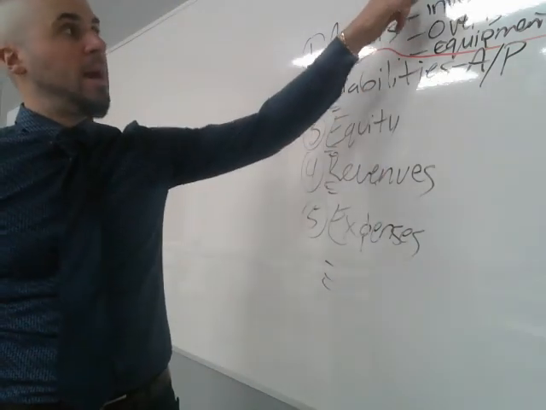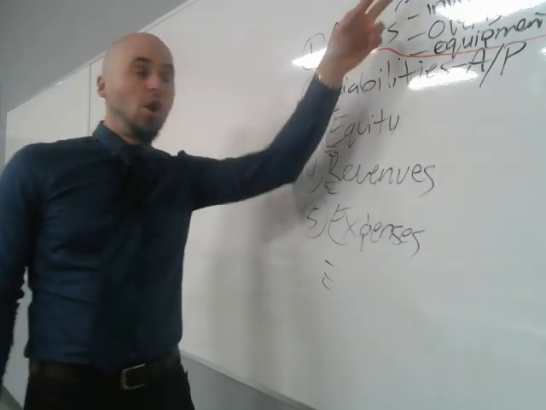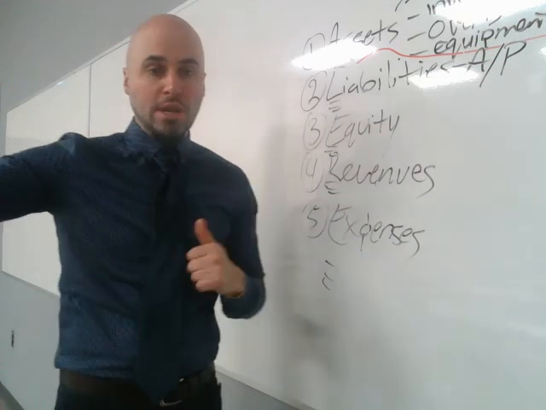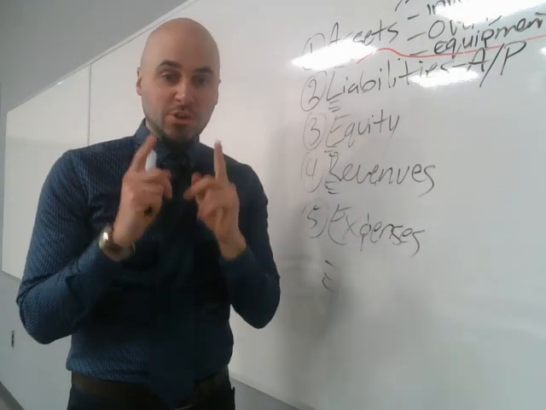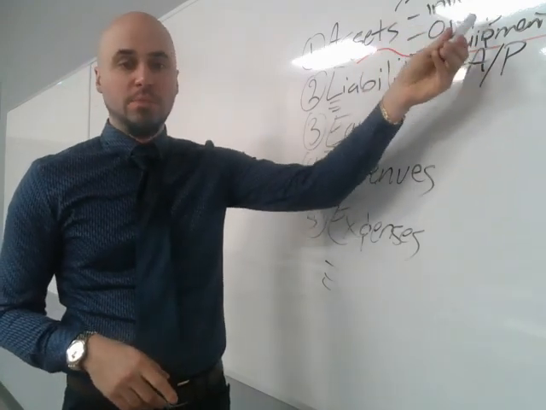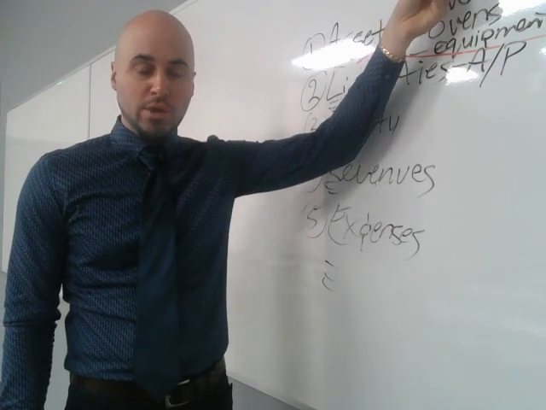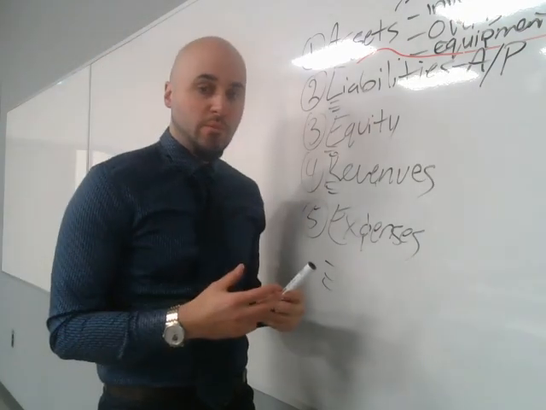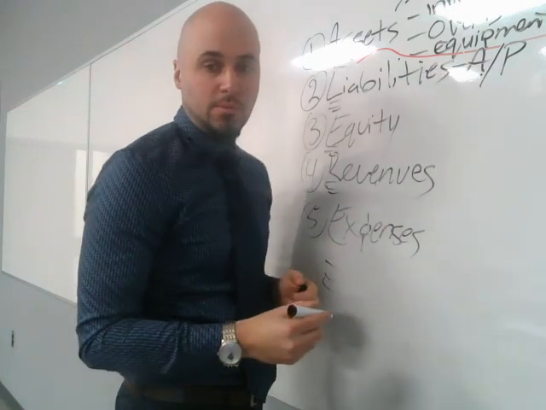But imagine all of these assets that we have. You're either paying for them in cash or credit. If you pay for them with credit, any inventory item, any piece of equipment, your property, where you're doing the business, your vehicles, if you're paying for any of them with credit, it's considered a liability, accounts payable.